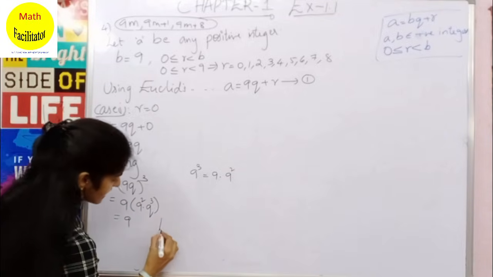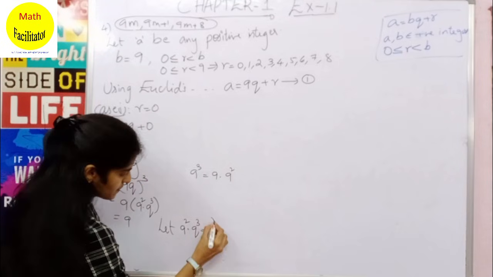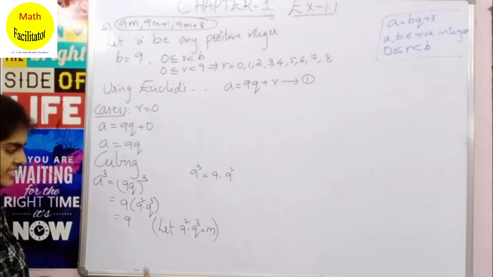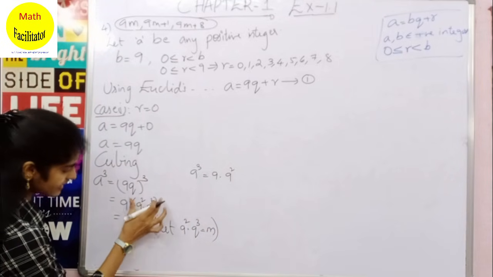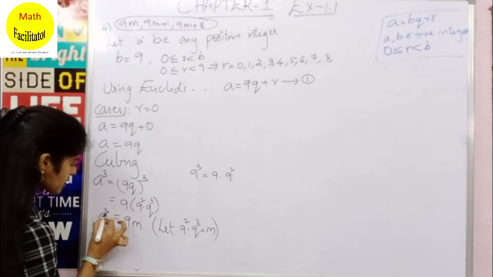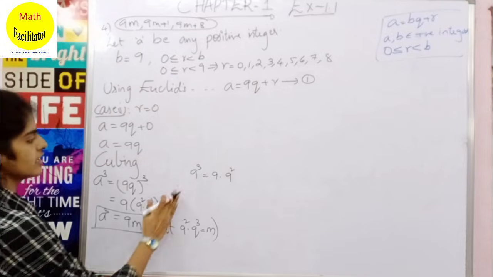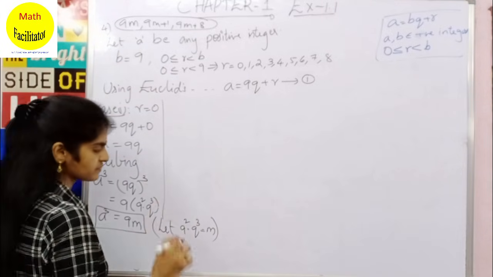So let 9 square q cube be m. In your exam also you have to write this. Taking this as m, it will be 9m. So the cube of a positive integer you have written in the form of 9m. Clear? Now let us move on to the next one.